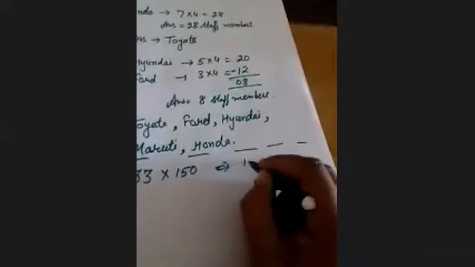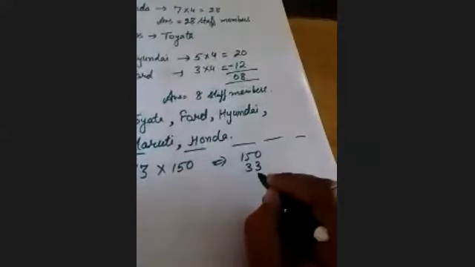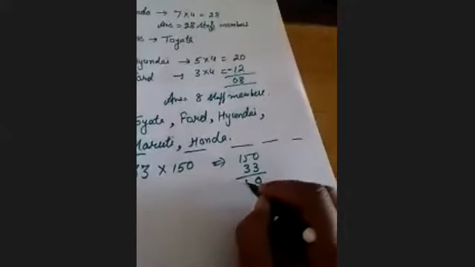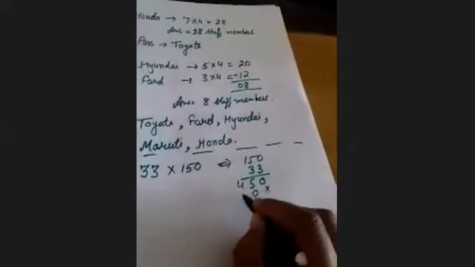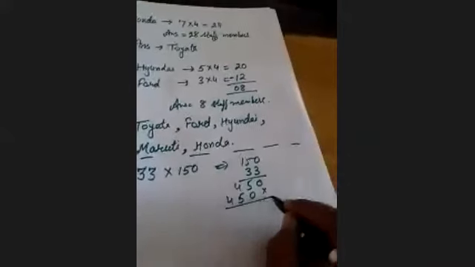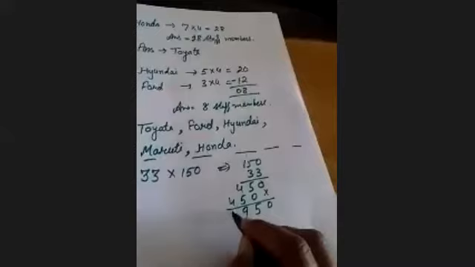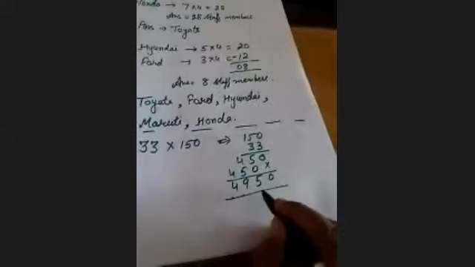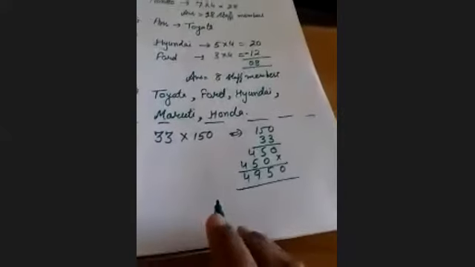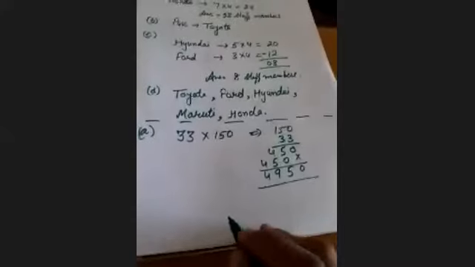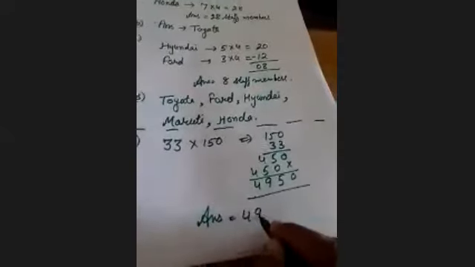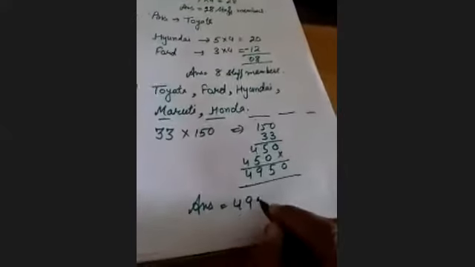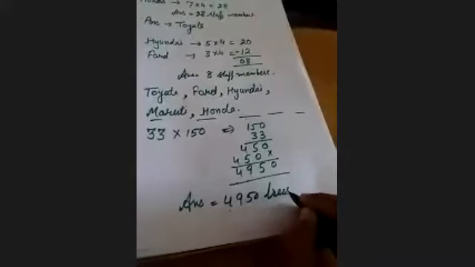Now multiply and find the answer. So total trees are 4,950. So in this garden we have 4,950 fruit trees.